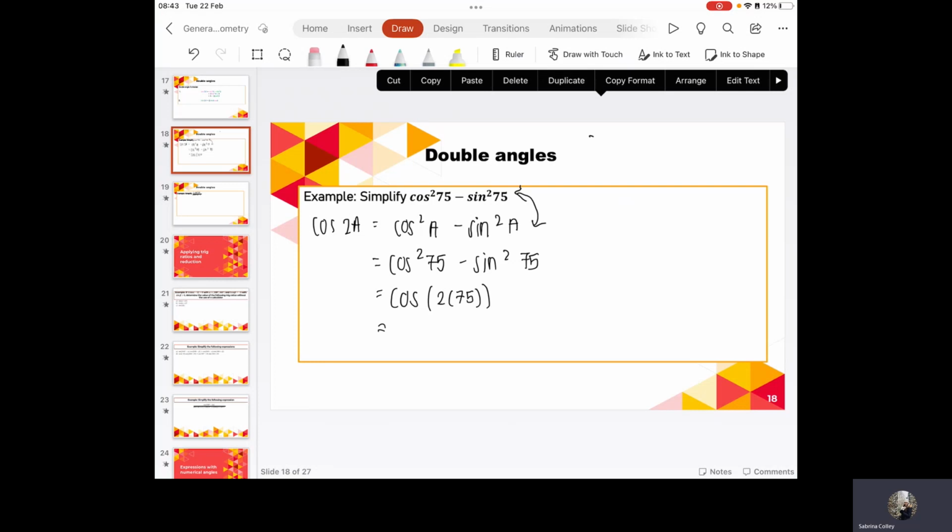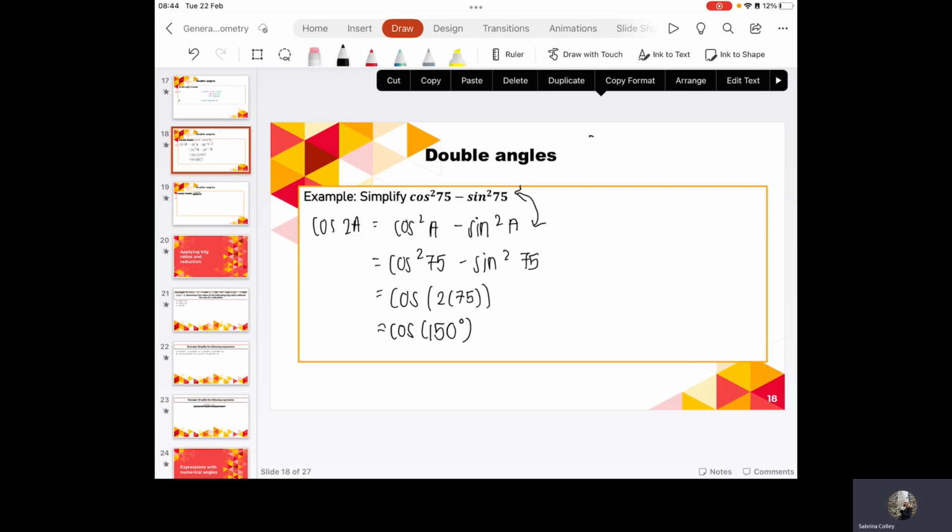Let me quickly get my calculator. 2 times 75 is 150. You can leave it like that if you were told to do it without a calculator.